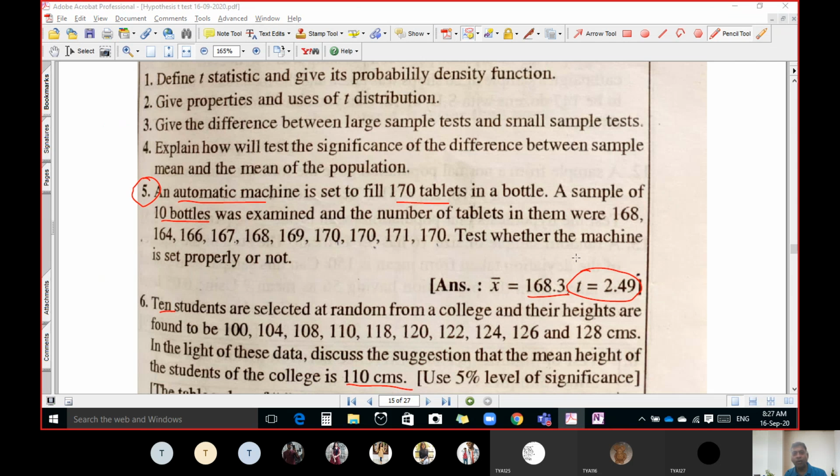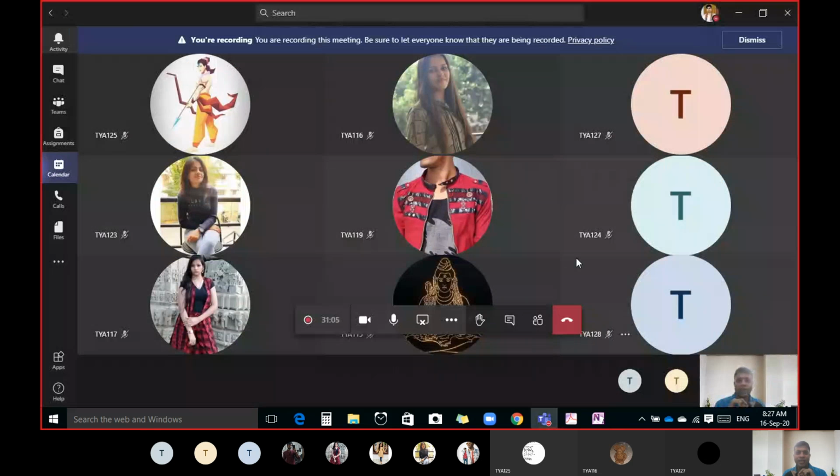Okay, now once again, what is degree of freedom? Who will answer? Number of independent variate which make up the statistic.